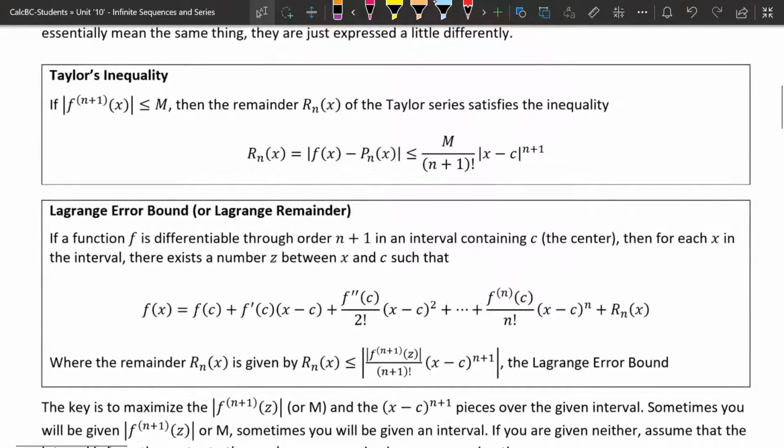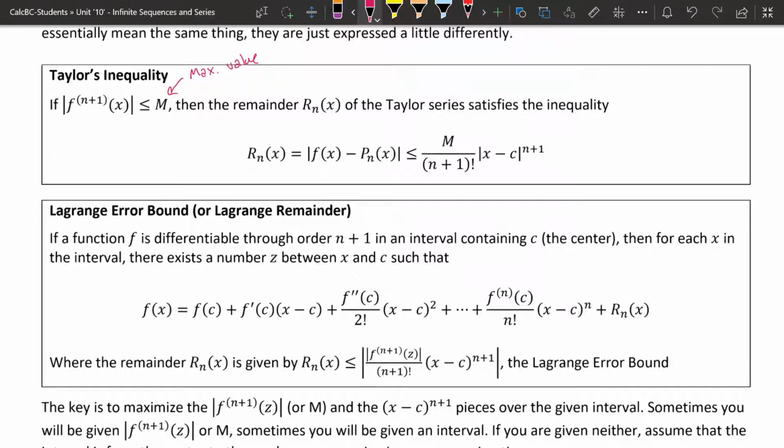So let's look at Taylor's inequality. If the absolute value of, and be careful about notation here, f to the n plus 1th derivative, notice that's in parentheses, of x is less than or equal to capital M, this capital M is just our maximum value that our error is going to be, then the remainder of the Taylor series satisfies the inequality: the remainder, the absolute value of our function minus our polynomial approximation, is less than or equal to that max value M over n plus 1 factorial times the absolute value of x minus c to the n plus 1 power.